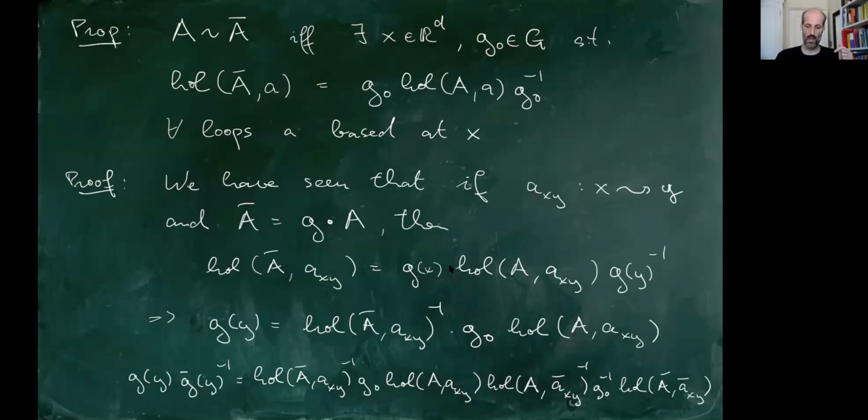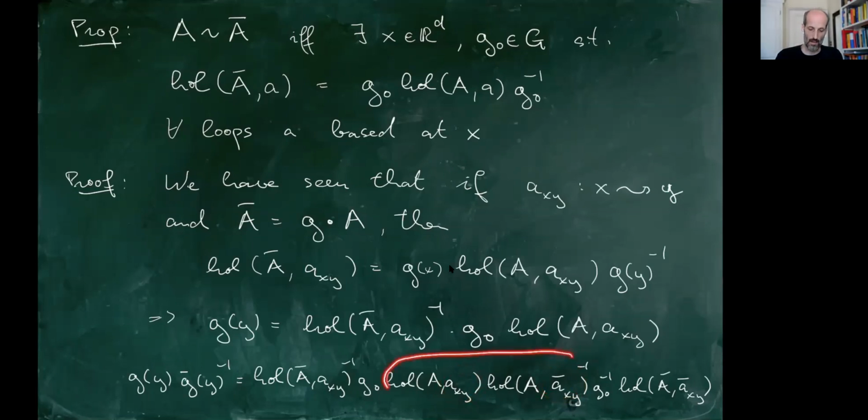And so this here just means I first go, instead of going from y to x, I follow it backwards. So I go from x to y, and then I go back from y to x, right? So this is the same as just the holonomy along a loop that goes from x to y, which is the loop that I get by just following first the A bar guy backwards and then the A guy, okay?